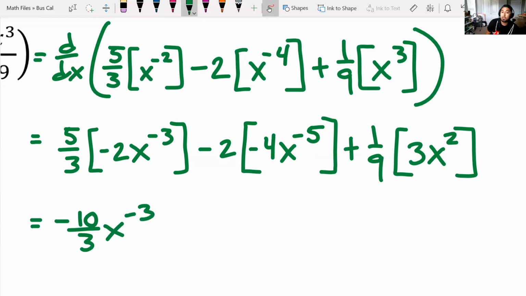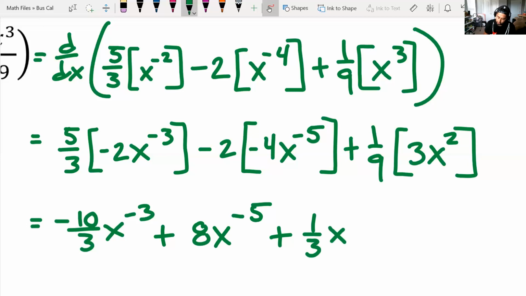And then negative 2 times negative 4x to the negative 5 becomes positive 8x to the negative 5. And then last is 1/9 times 3x squared. That gives me 3 over 9, or 1/3 x squared.